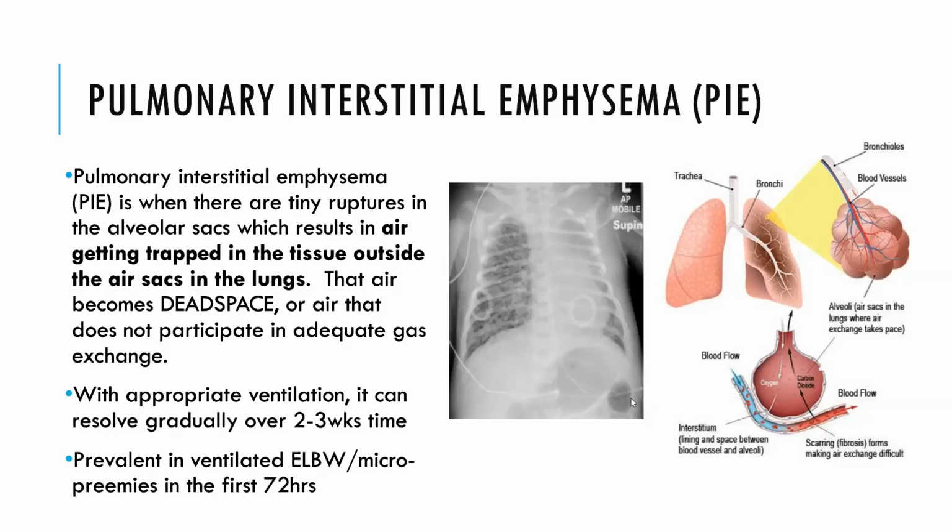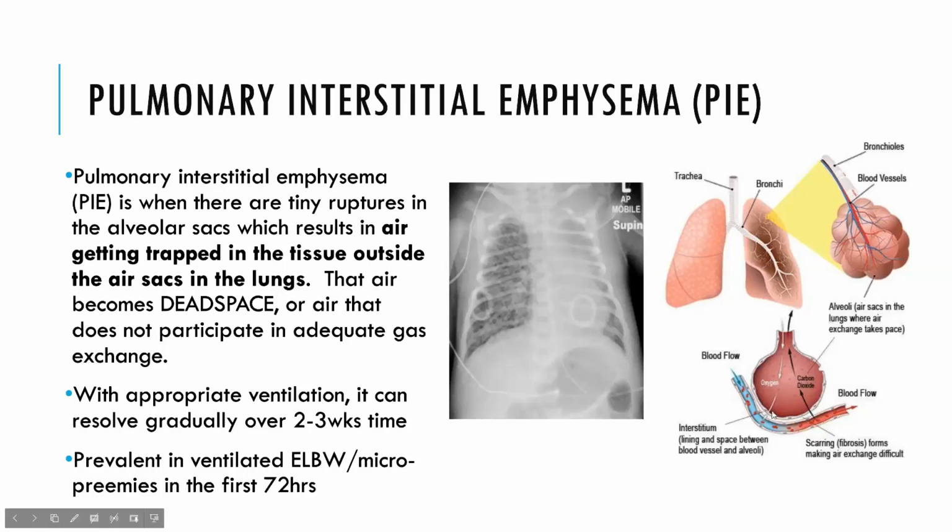That air actually becomes dead space, air that just sits there and does not participate in adequate gas exchange. Any air that sits there and does not participate in gas exchange is useless and increases pressure in the lungs, and it's very difficult to get that air out. It ends up being very, very bad for the baby and can cause long-term damage.